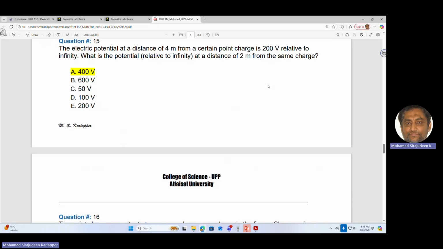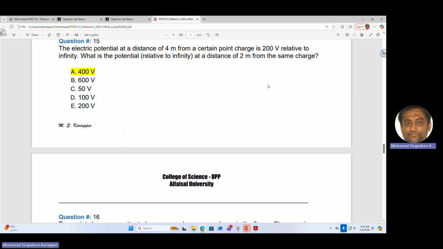Now, if you don't remember there is an equation for potential of a point charge, you would be in trouble. I mean, you should know the theory. It's not that because I have the formula sheet, I can do anything. You should know which equation to pick.